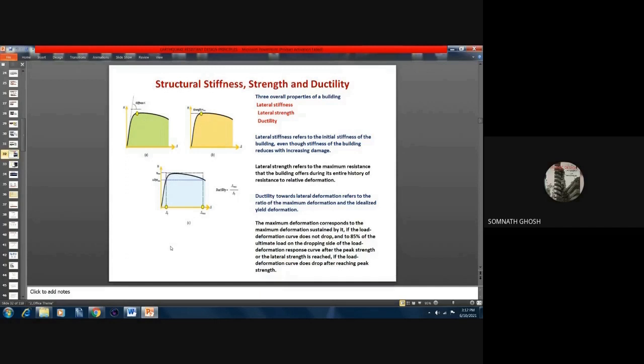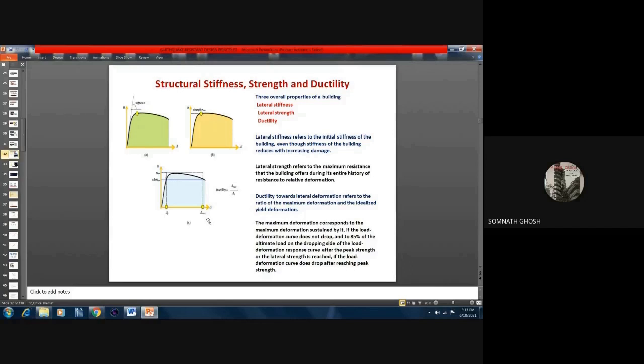And this is the ductility ratio we are studying: the displacement at failure divided by the displacement at yield is the ductility ratio. So when we are discussing stiffness and ductility together, these are the overall properties. You can't say that one is more important than the other. No, you can't say. They are interrelated.